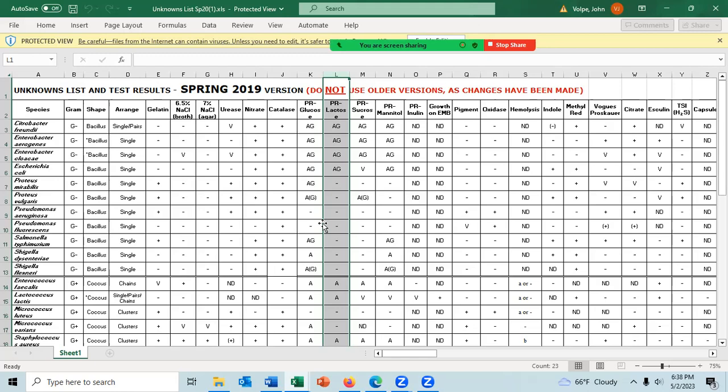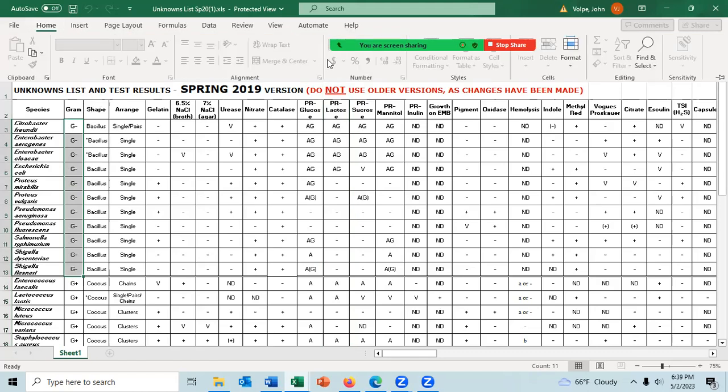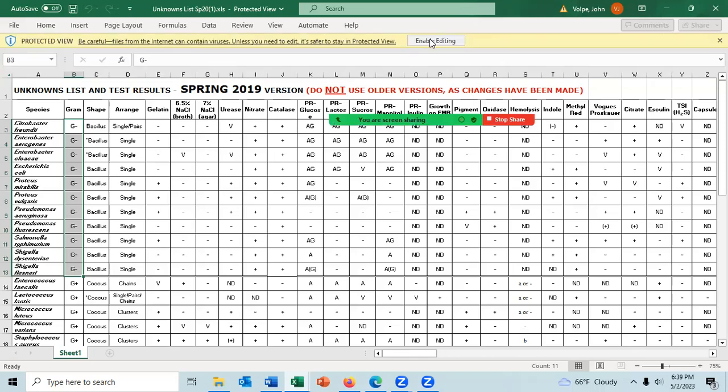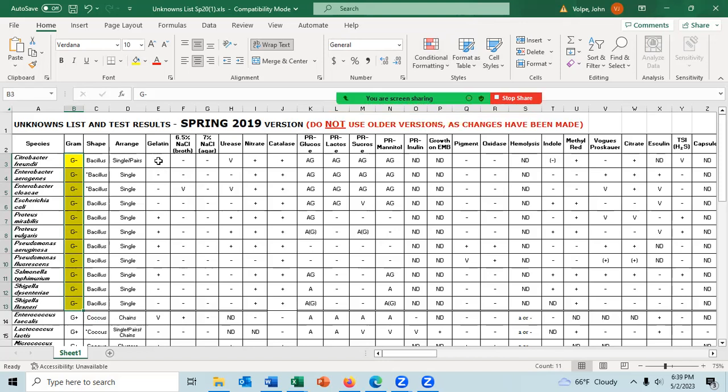for you. After that, you will then figure out, let's say you have a gram negative, so that reduces it to these guys here. Enable editing here. So it reduces them by half, and the gelatin, we'll say gelatin negative, reduces it to these guys.